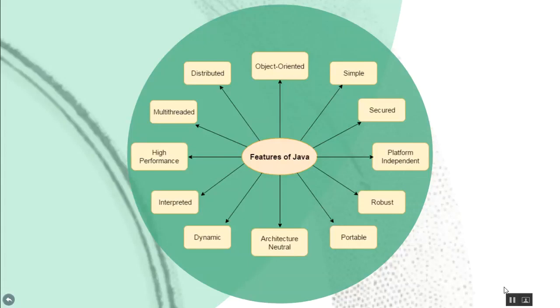That means in Java everything is treated as an object which has its own behavior and own properties. Object-oriented came with the concept of an object class, and it also provides very powerful concepts which are inheritance, polymorphism, abstraction, etc.